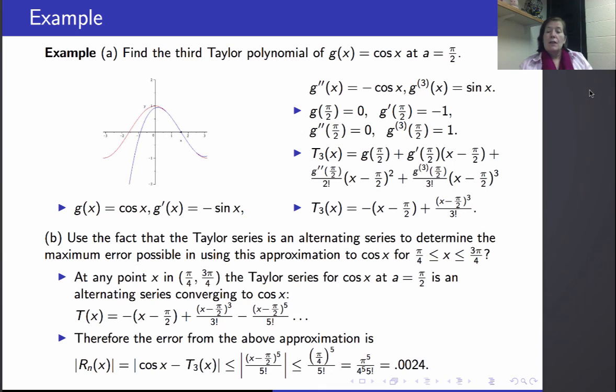So the absolute value of this error must be less than or equal to pi over 4 to the 5 over 5 factorial, and that's approximately 0.0024. So this really is a pretty close approximation to values of cosine of x in the interval from pi over 4 to 3 pi over 4.